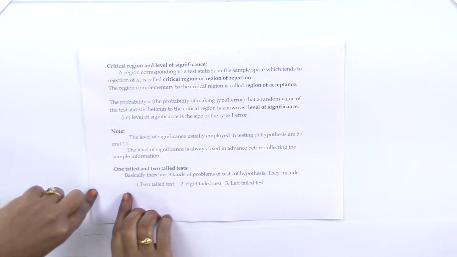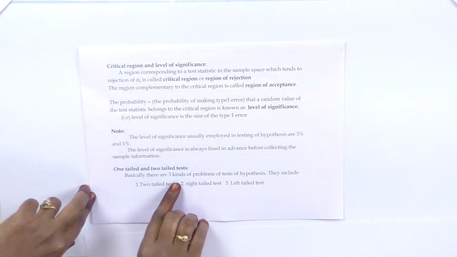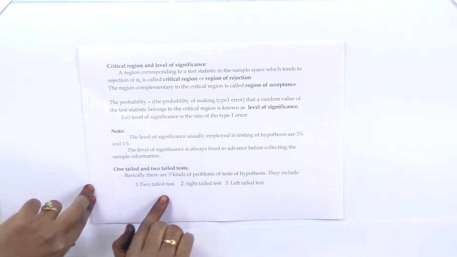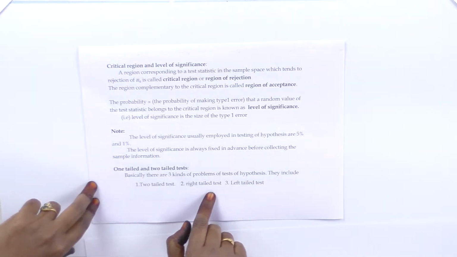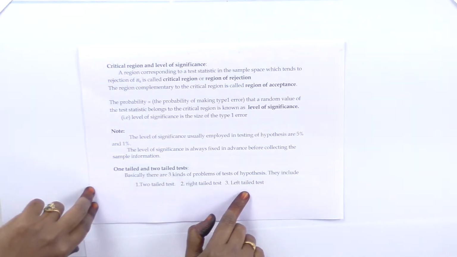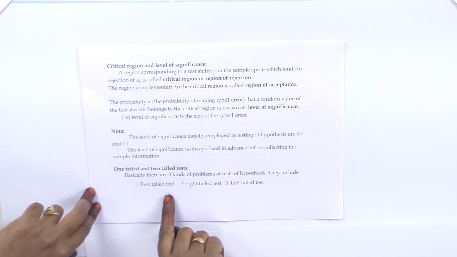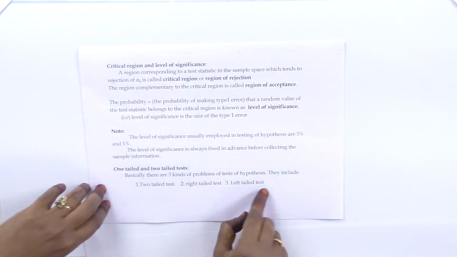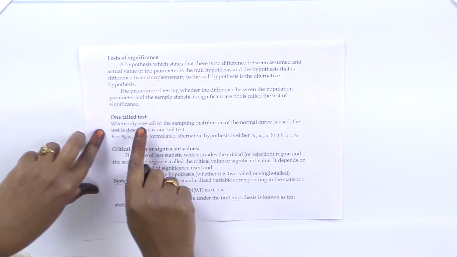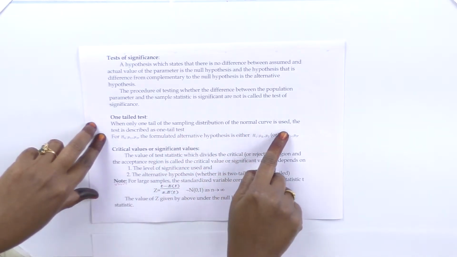We have tailed tests, one tail and two tail tests. Basically there are three kinds of tests under hypothesis: two tail test, right tail test, and left tail test. If it is a one tail test, it means only one tail of the sampling distribution of the normal curve is used.